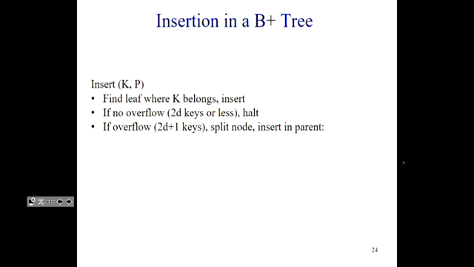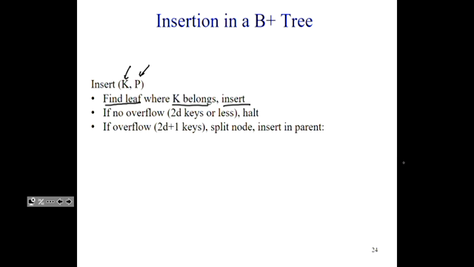Okay, so the way to insert, let's say I have a new key K that I want to insert with a pointer P to the record that satisfies that key. I first find the leaf where K belongs, and then I'll try to insert that key and that pointer into that leaf.